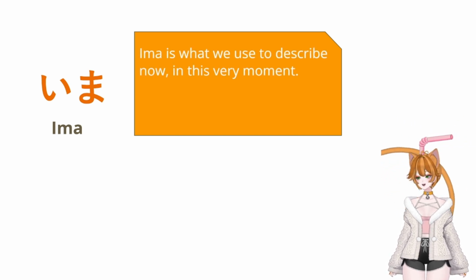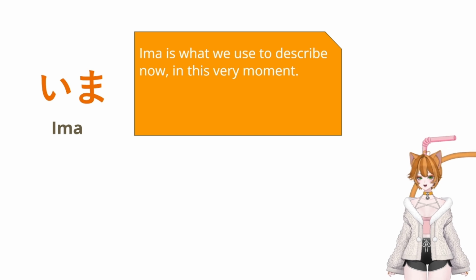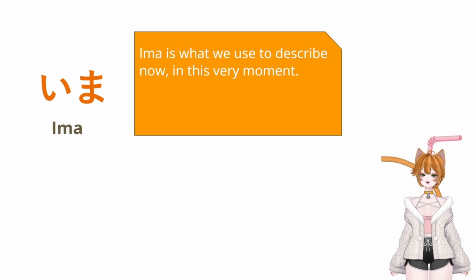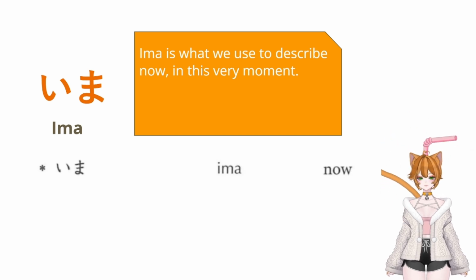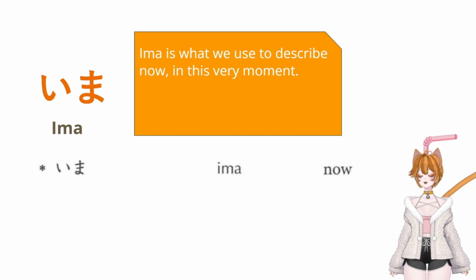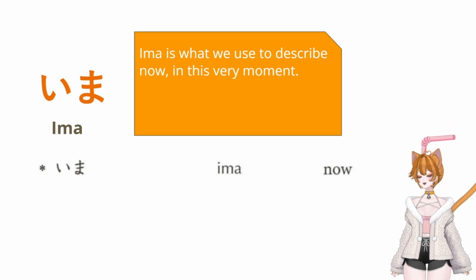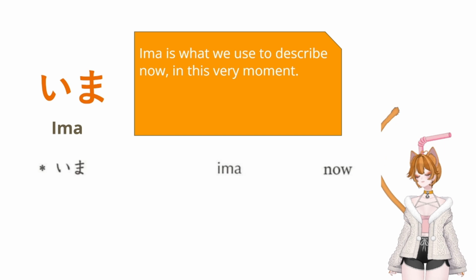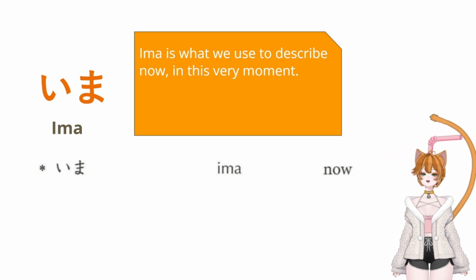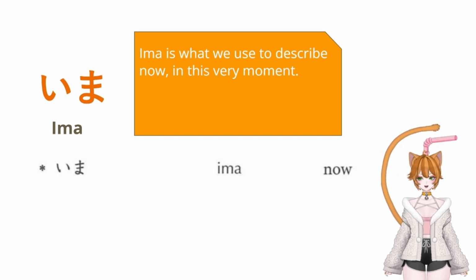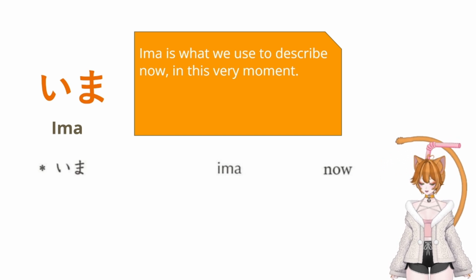So if I said ima nanji desu ka, that would be me asking you what time it is right now. And when you're writing these, I would make sure to use the writing that we see in the textbook. The typed writing up here is more stylized and might not be as correct as the writing from the textbook here.